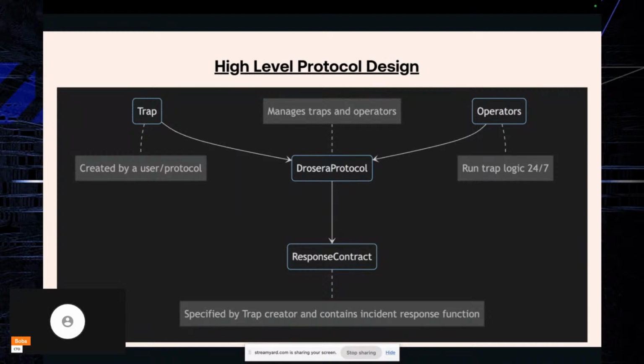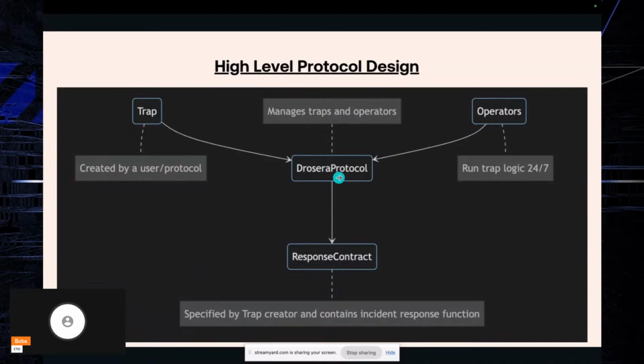This is actually just the set of contracts that lives on chain, right? This is the thing that has an Ethereum smart contract address, and it has a bunch of functions that operators can hit and users can hit. But its main purpose is to actually manage these things called traps and manage operators, right?